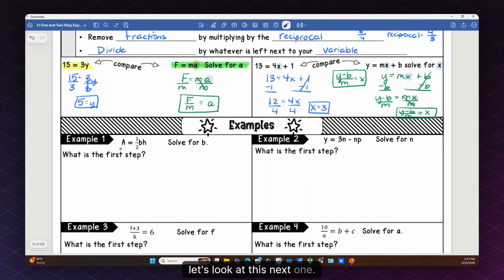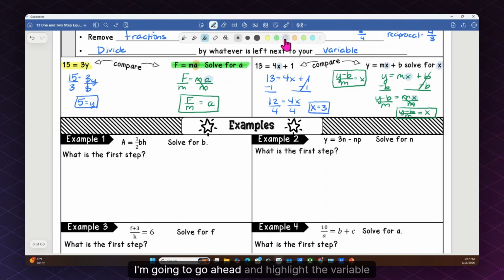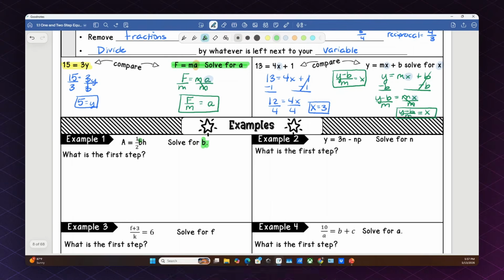Okay, let's look at this next one. Here is your equation. It's area equals 1/2 base times height. So you know our math formula there. We're going to solve for b. That's what they're asking us to solve for. I'm going to go ahead and highlight the variable that it's asking us to solve for. So I want to get that b by itself.